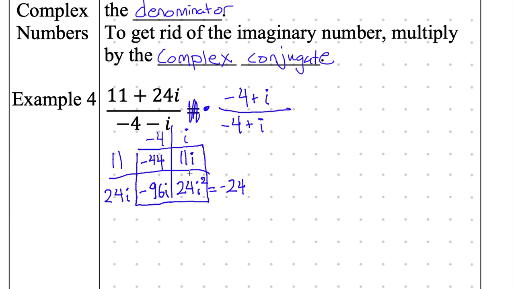Good question. All right. Is there someone that can do the area model, combine the diagonals, combine the like terms? What is the area telling us it's equal to? Combine negative 44, 11i, negative 24, negative 96i, and you get what? Is there someone that can just do addition and subtraction? James, go for it.